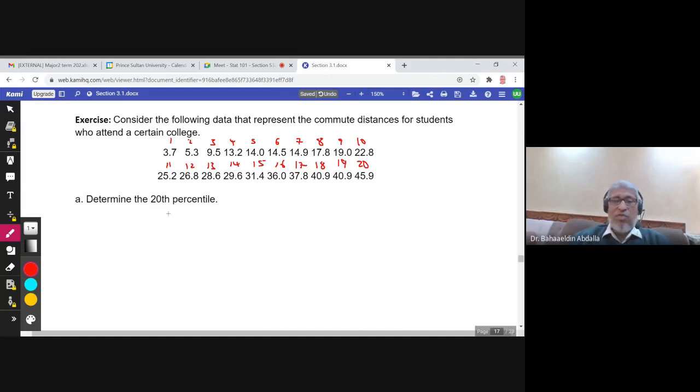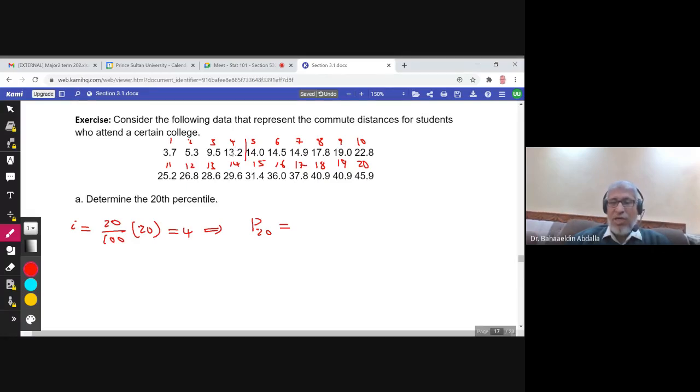How to determine the 20th percentile? The index is P, which is 20, divided by 100 times the number of the values in the data. We have 20 numbers. So if you multiply, you get 4. 4 is an integer, so you go to 4.5. P20 would be the average between the number in the 4th position and the number in the 5th position.